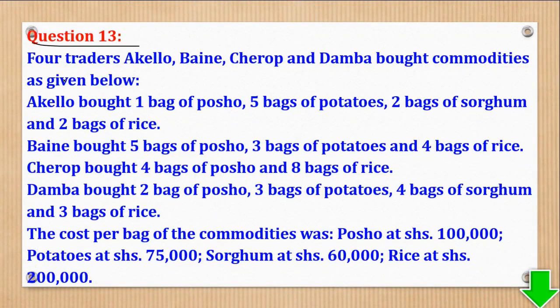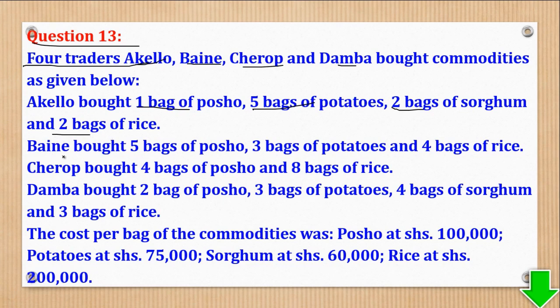Then question 13 says, 4 traders, Akelo, Baine, Cherop, and Damba bought commodities as given below. Akelo bought 1 bag of posho, 5 bags of potatoes, 2 bags of sorghum, and 2 bags of rice.